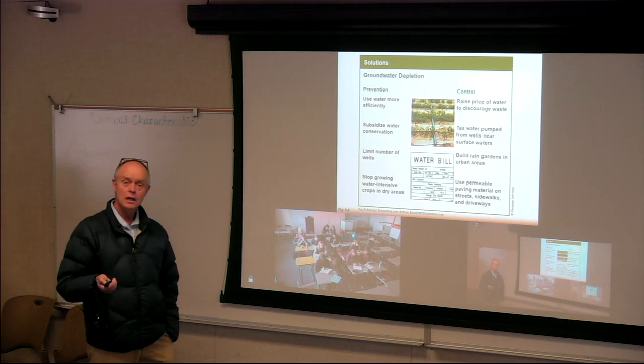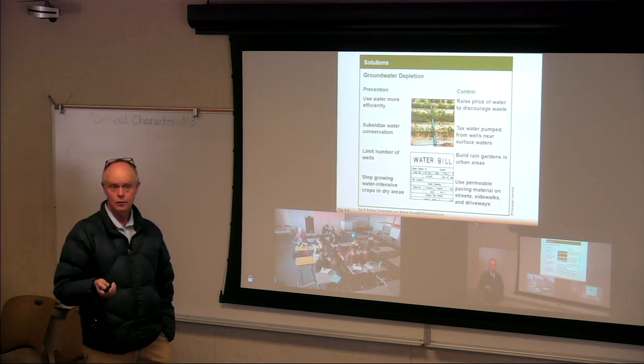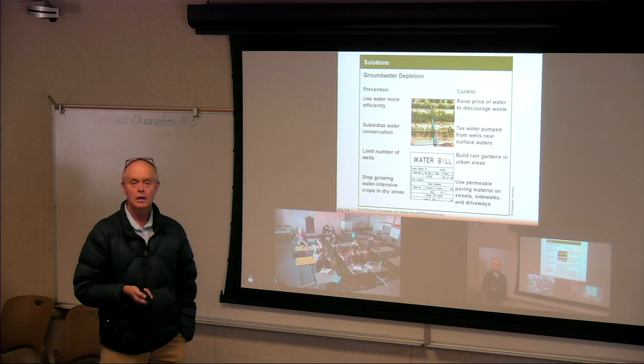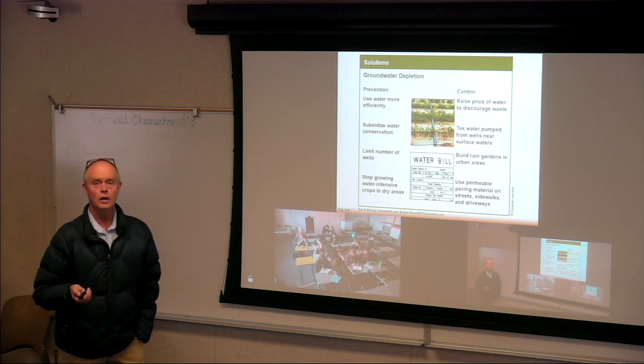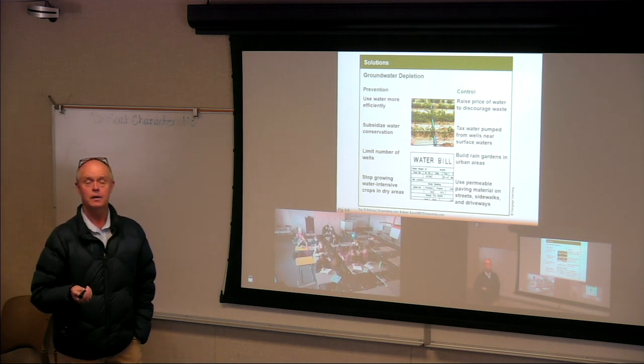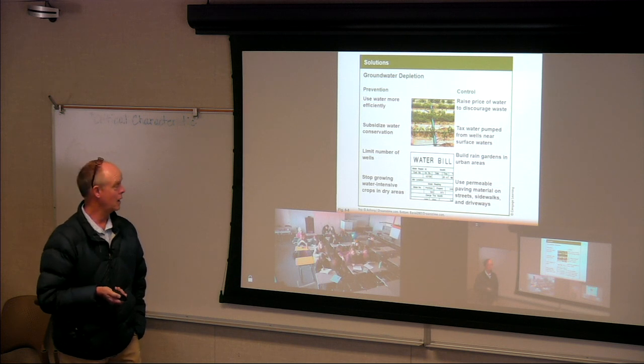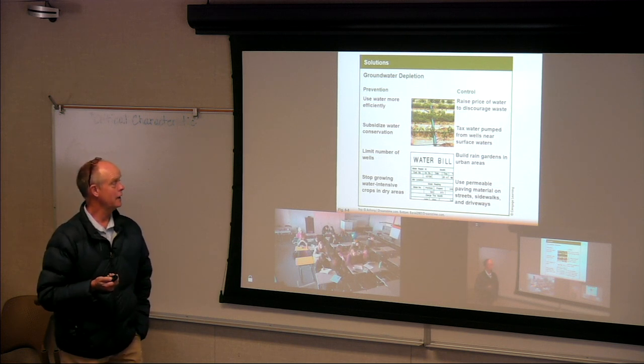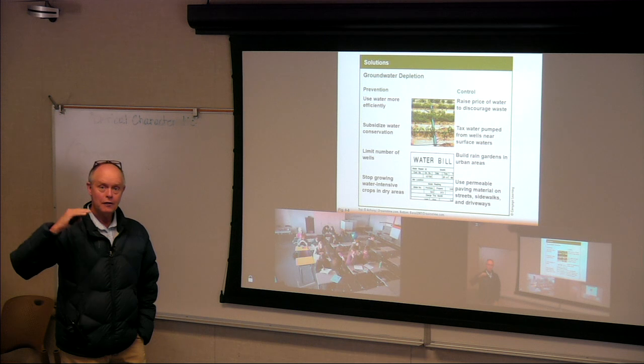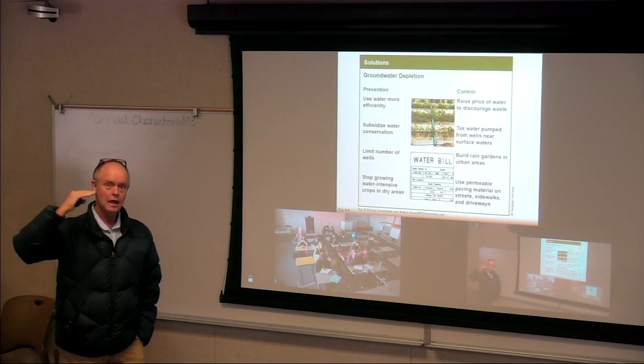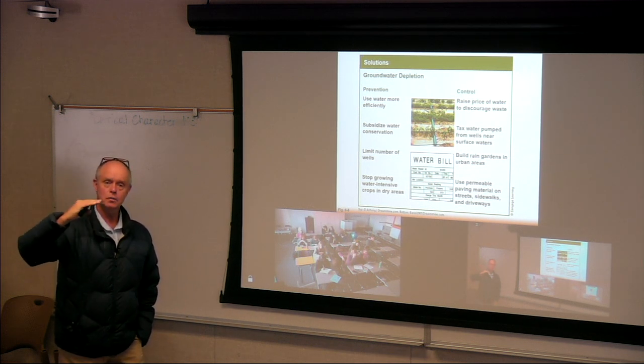One of the ways is with money, with your bill. In Apple Valley now, there are lots of issues with several water companies, with the bill going up, how much you pay for water going up very rapidly. And the deal there is you have to pay more if you use more. So they have a tiered system. If you use a little bit, you pay less per unit, per gallon.